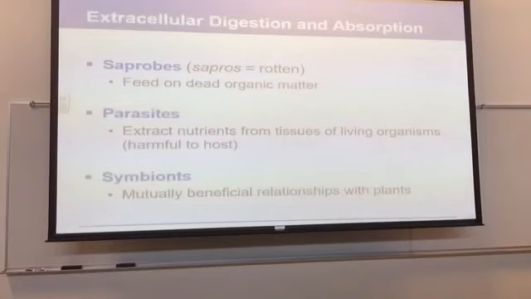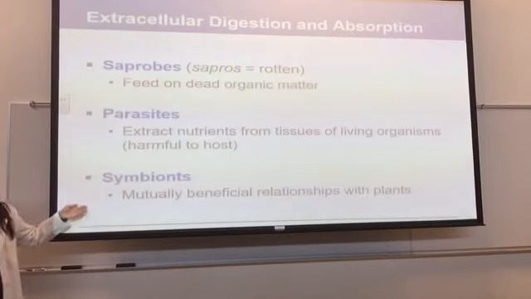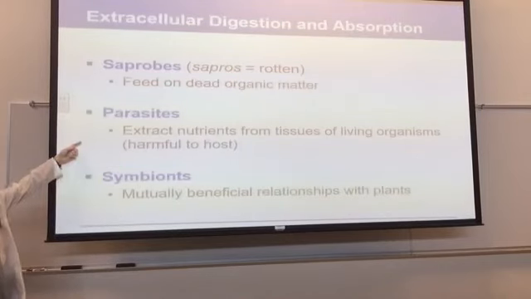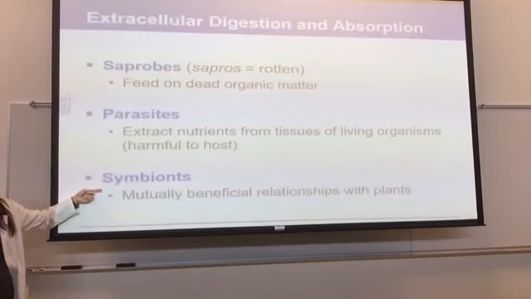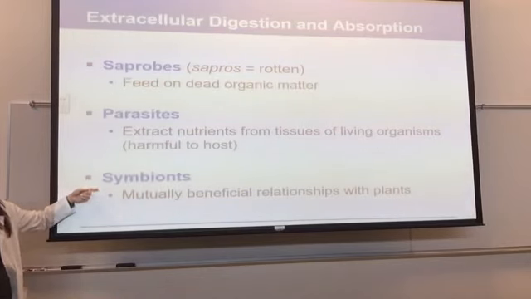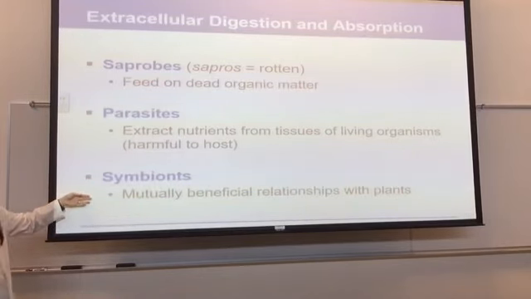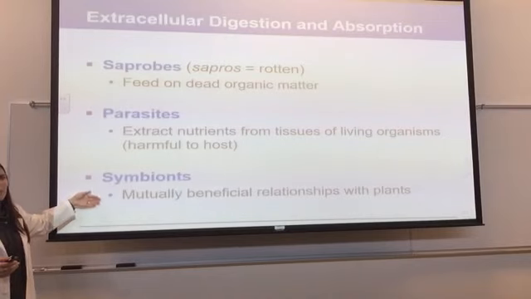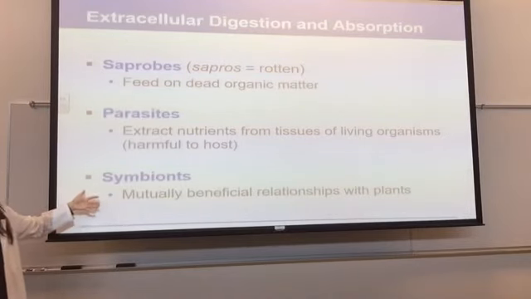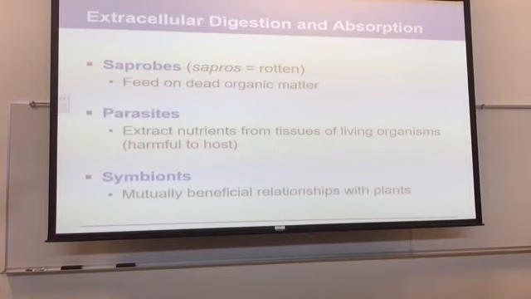And some fungi function as symbionts. This is a symbiotic relationship, but these are mutualistic symbionts. Mutualistic means that both partners in that partnership benefit. Mutualism is where both benefit. Parasitism is where one benefits and one is harmed. So fungi can play different roles in an ecosystem depending on the type of fungi.